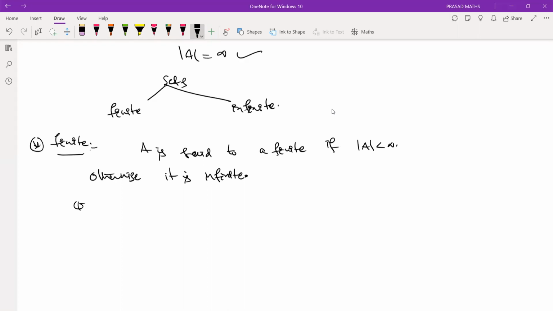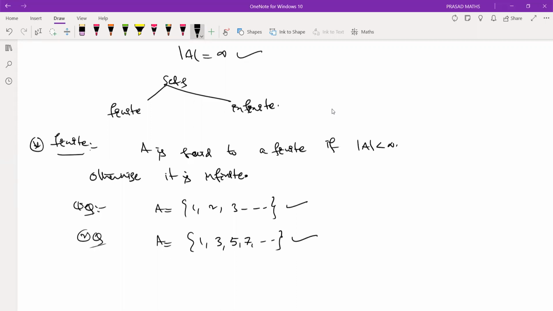Can you give an example? Suppose you take the natural numbers. Is it a finite set or an infinite set? Infinite. Suppose you take the set of all odd numbers. Infinite.